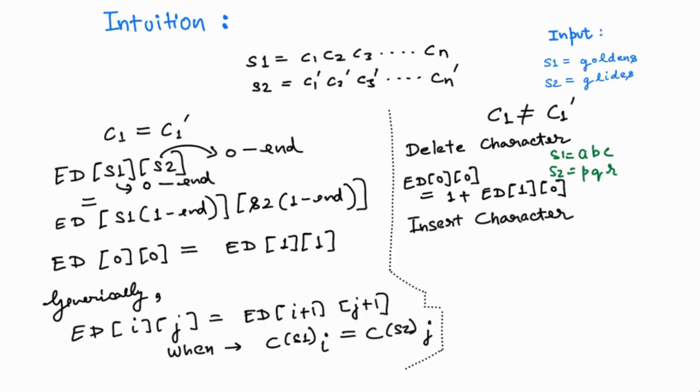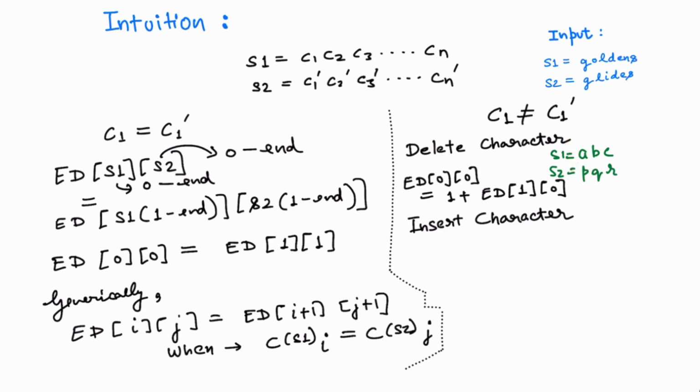Now the second case, when we insert a character in the string 1. Now when we insert a character, first of all, we will only insert a matching character of the string 2 because we want to make the string 1 and string 2 equal to each other. So if the first characters of the strings do not match and we have opted for inserting the character, we will insert the matching character of string 2, which is P, at this place.